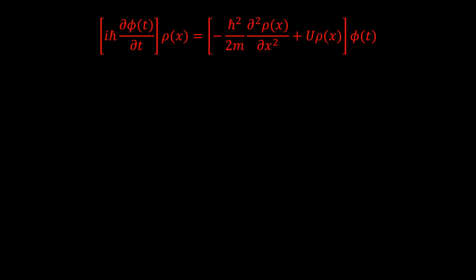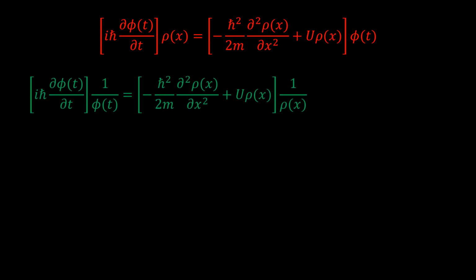Now, let's get all the terms containing t on one side and all the terms containing x on the other, like so. We see that the left hand side is entirely dependent on time, while the right hand side is entirely dependent on space. These two expressions can only be the same if they are both equal to a constant.